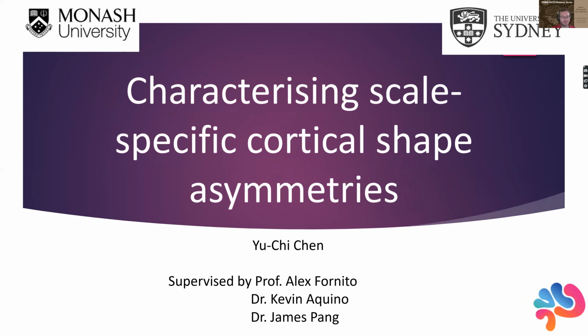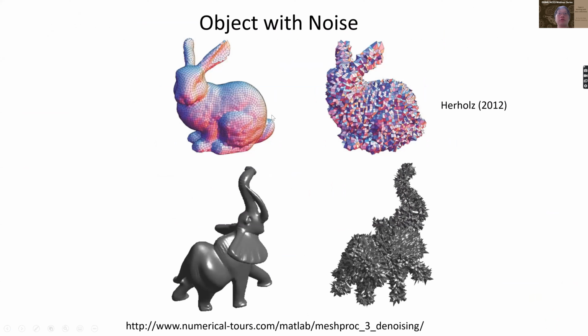Perfect. So I'm going to talk about some of my PhD work, which is characterizing scale-specific cortical shape asymmetries. If we look at these 2 images, we can see they are a rabbit and an elephant. If we add some noise on them, we still can understand this is a rabbit and this is an elephant.